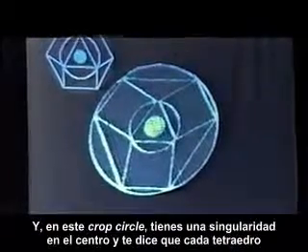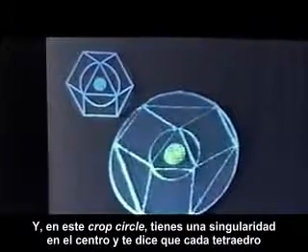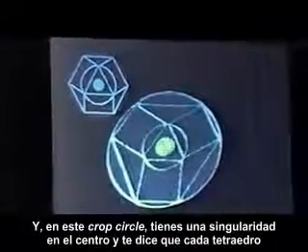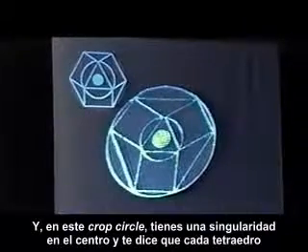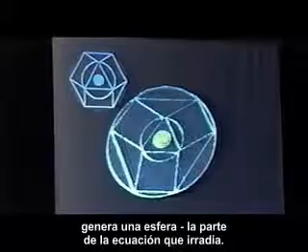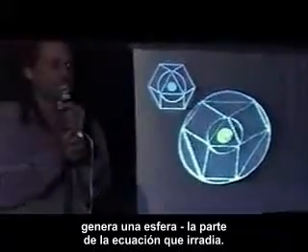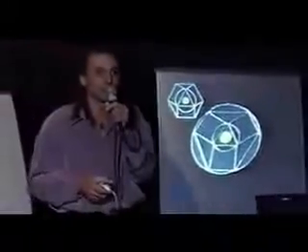And in this crop circle, it gives you singularity in the middle, and it tells you that each tetrahedron generates the sphere, the radiative side of the equation.